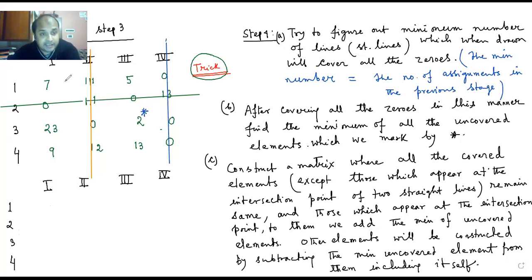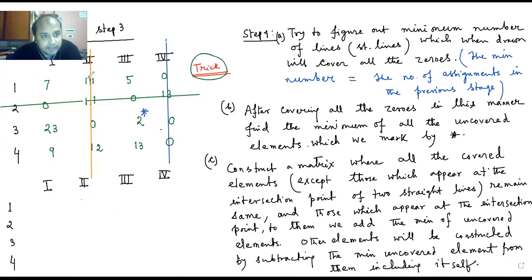Now, what it is saying is that, first of all, I'm going to construct the matrix in the following manner as it is written on the right hand side. All the elements that are covered by the straight lines will remain same, except those which are appearing at the intersection point. So I'm writing the covered elements only.